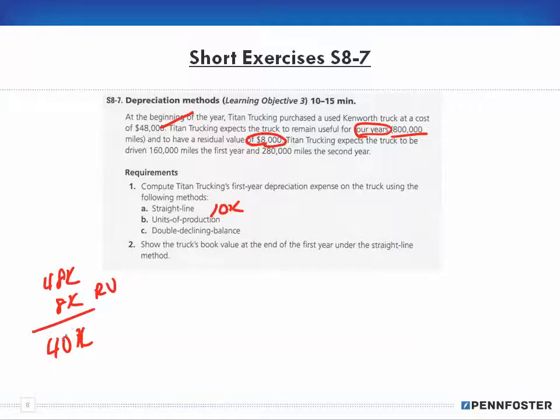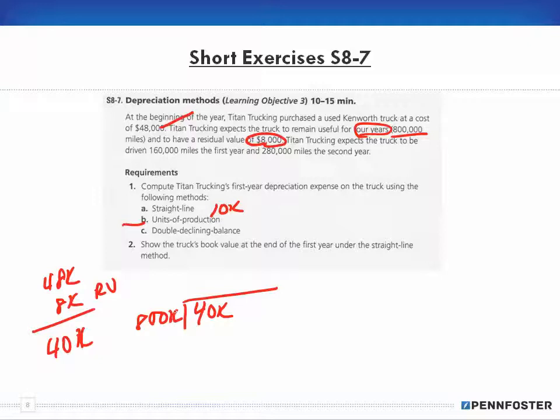However, when we're talking about units of production, we have the $40,000, and we're going to divide it by how many units we're guesstimating it's going to be used for. So that ends up being 800,000.